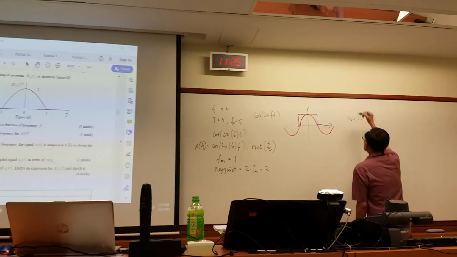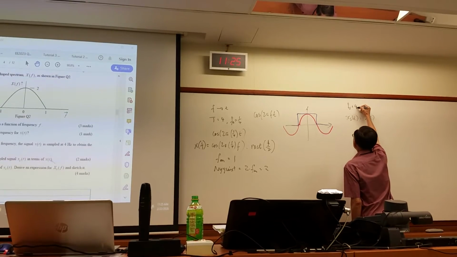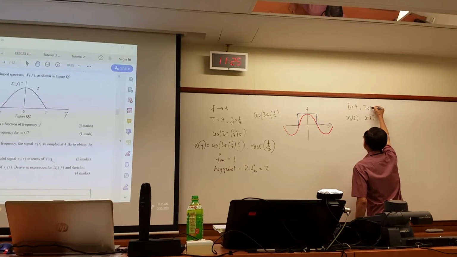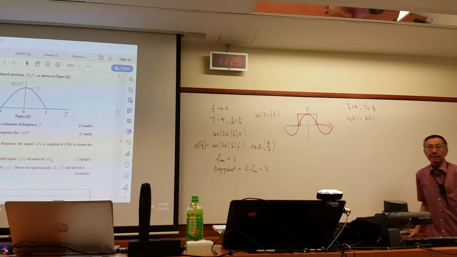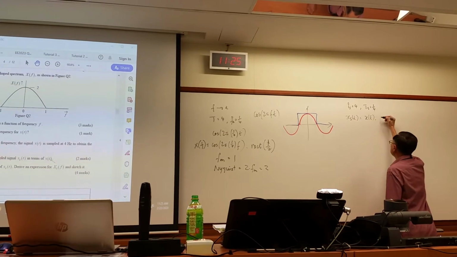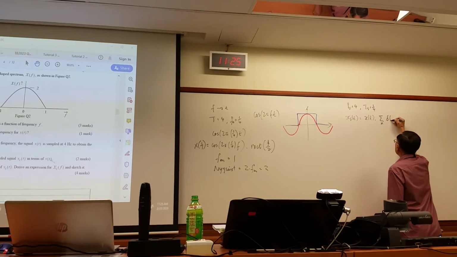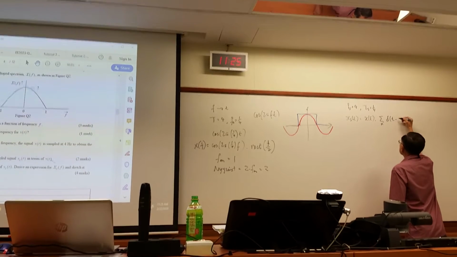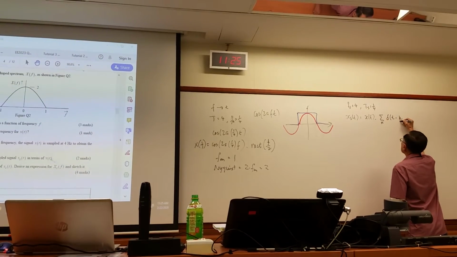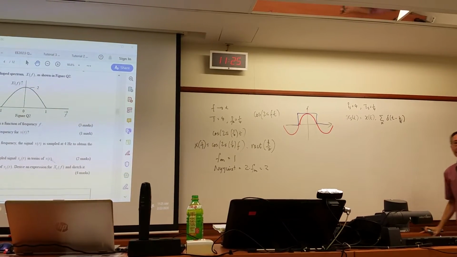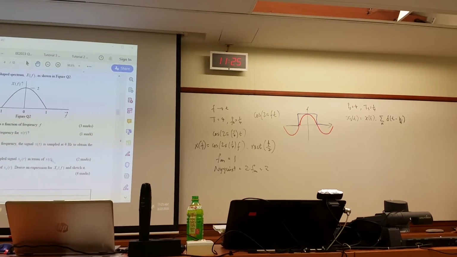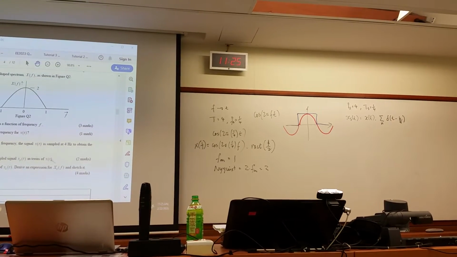So that means our f_s is 4, our T_s is 1/4, right? So it's going to be sampled. So this is my sampling waveform. Okay, kT_s. So that's the formula there.